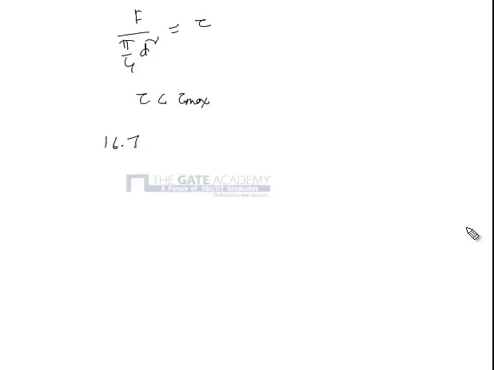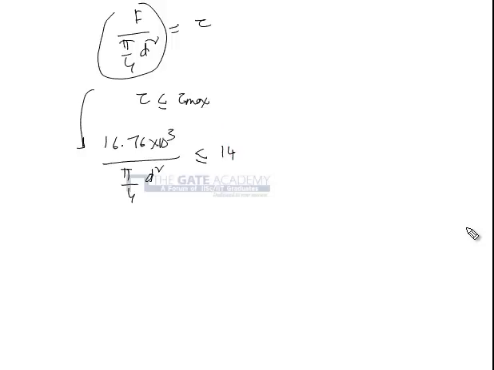So F is the critical load, 16.76 into 10 power 3 to convert to newtons, divided by pi by 4 d square, which has to be less than or equal to tau max, 140 MPa, or Newton per mm square.